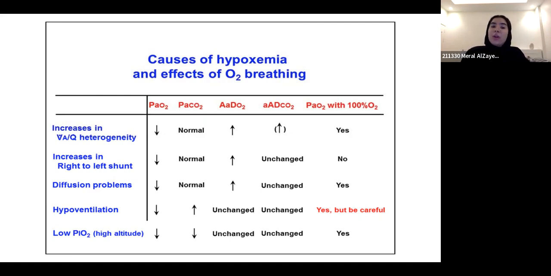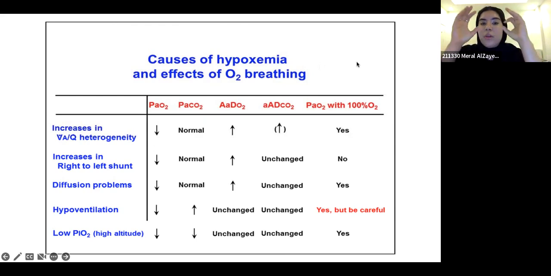However, if it's decreased, if it's lower than normal, we automatically know that the diffusion isn't happening, so it's a diffusion problem. Is that clear? Please tell me it's clear, because this is very important. If you guys don't understand anything on here, write it in the chat, because this slide is literally a summary of all the 5 causes of hypoxemia, and this is what you need to focus on.